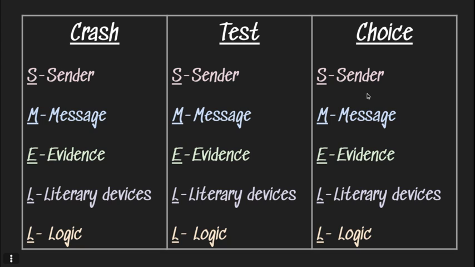All right, so then once we have our kernels, we've got crash, we've got test, we've got choice. These are essentially our reasons, right, that we believe this. Then we're going to smell each of these. And SMELL stands for sender, message, evidence, literary devices, and logic. Now, in the case of our literary analysis, our sender is always our author.